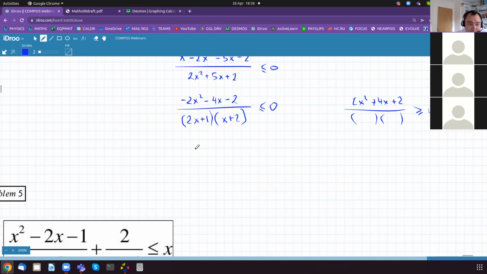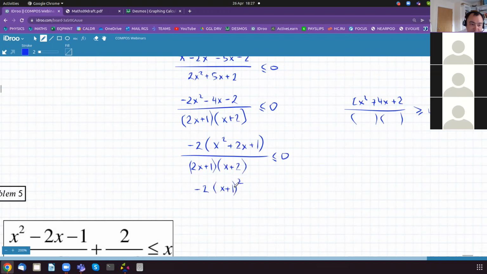I am going to take -2 out, and I'm left with x squared plus 2x plus 1. And if you are observant, you will see that this is x plus 1 squared.